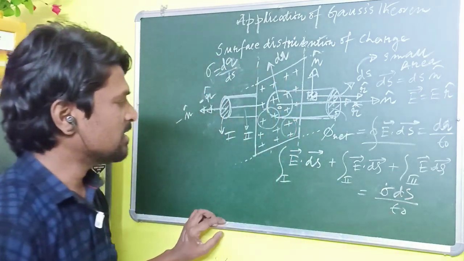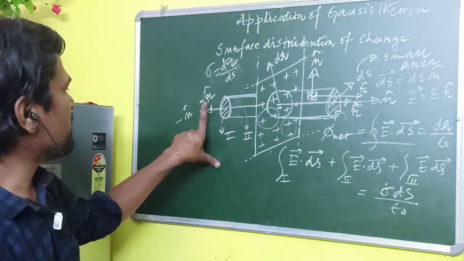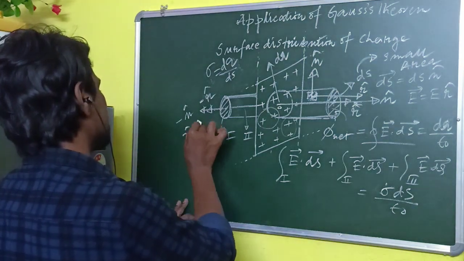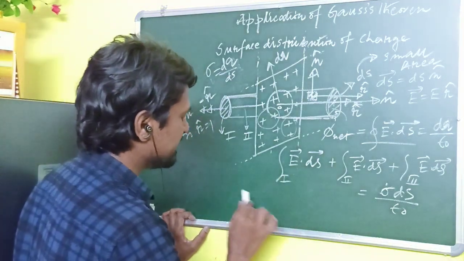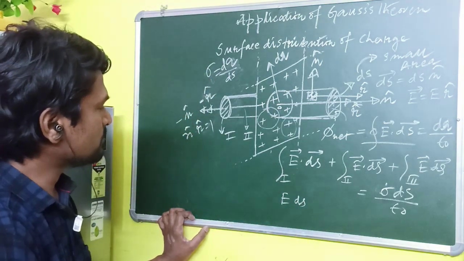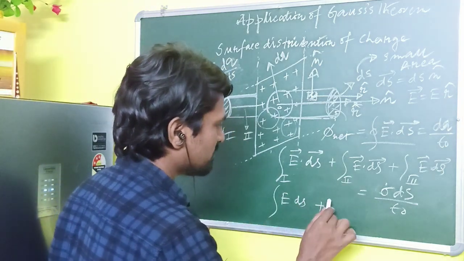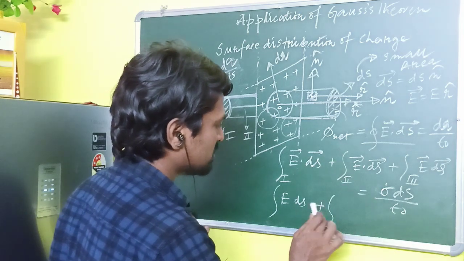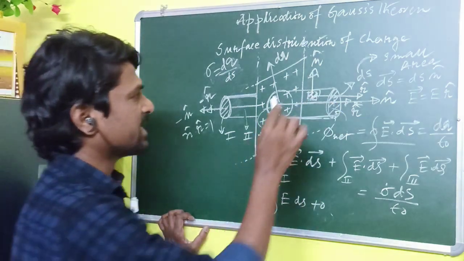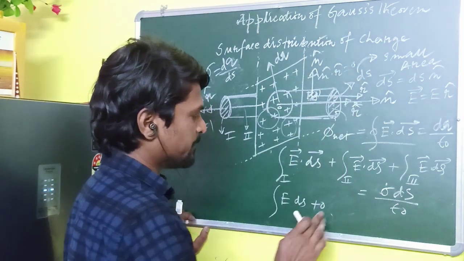And for the first one, E dot ds, n cap and r cap act along this direction. So n cap dot r cap is equal to 1, so this integration exists. Plus integration 2 is 0, since the angle is 90 degrees, so n cap dot r cap is cos 90 degrees, which is 0.